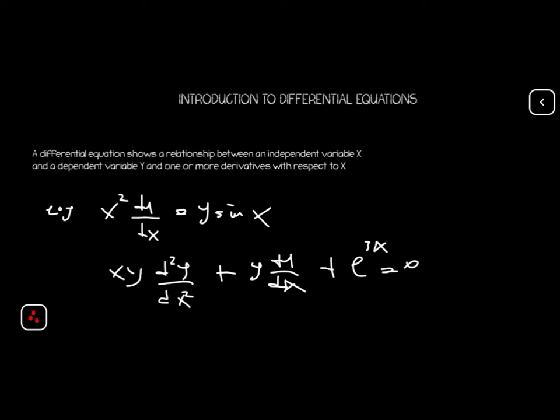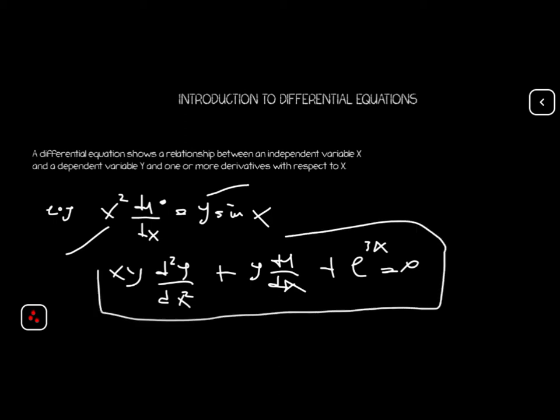We have a dependent variable y. We as well have an independent variable x. And then we have one or more derivatives with respect to x. This is a derivative with respect to x. And in this second equation, we have an independent variable x, a dependent variable y, and one or more derivatives with respect to x.